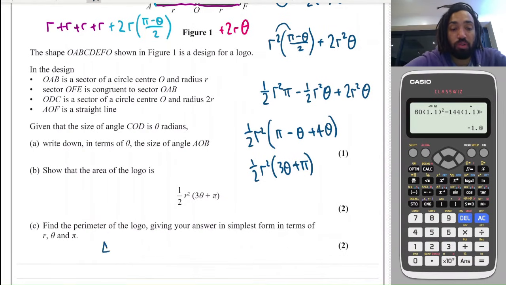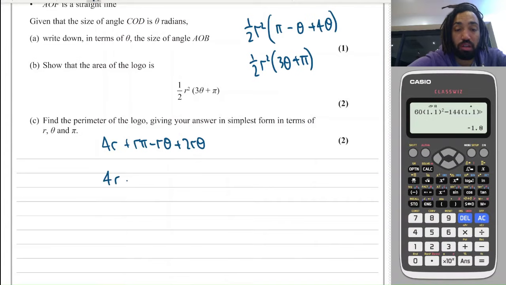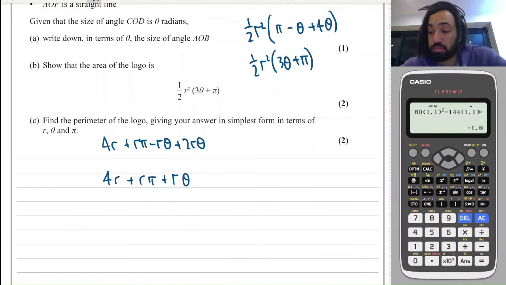We've got 4r, we've got that 2 and that half will cancel, so we've got r pi and minus r theta, and we've got plus 2r theta. So in total we've got 4r plus r pi plus 1 r theta. Lovely.